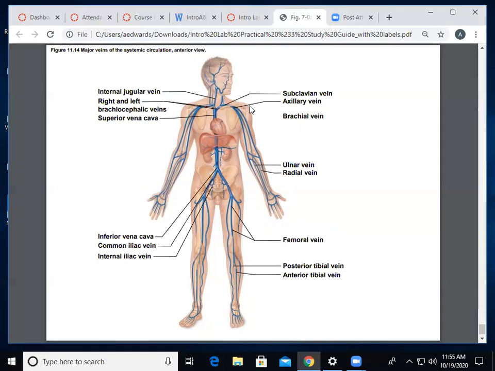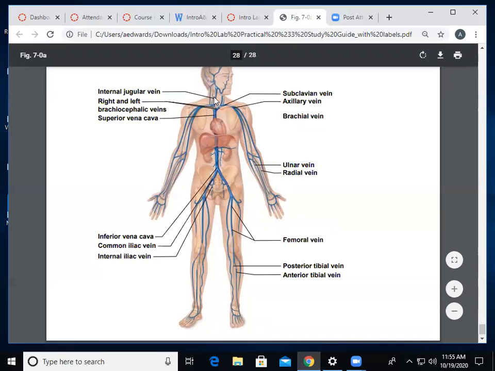Just like it's in that clavicle area, subclavian vein. In the throat area, we call that internal jugular vein. This area is kind of branching, where you get all of these other offshoots going to the arms and the head, or coming from the arms and the head, are the right and left brachiocephalic veins.